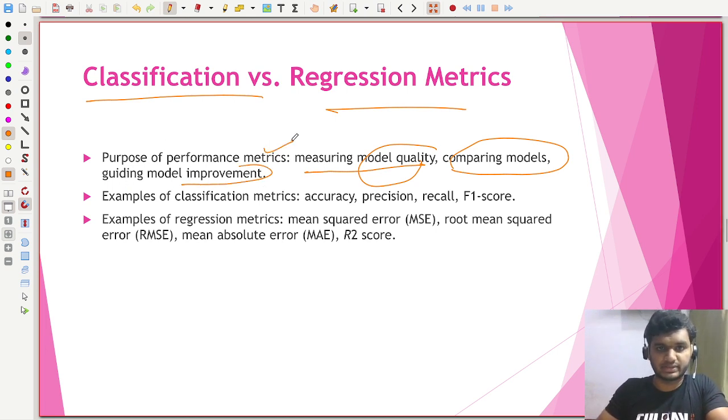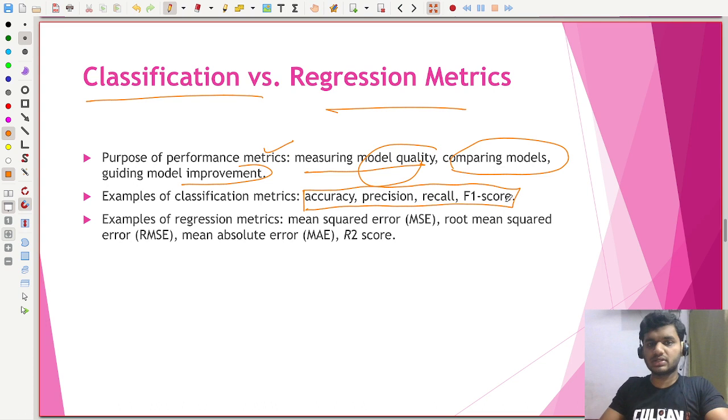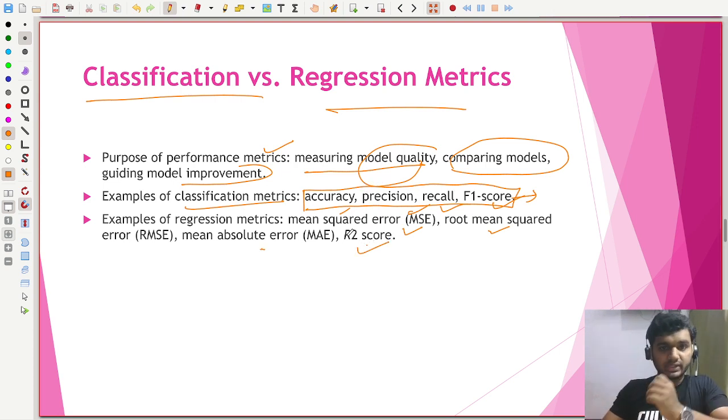Examples of classification metrics are accuracy, precision, recall and F1 score, which we'll discuss in today's class. Examples of regression metrics, which we discussed in the last class, are mean square error, root mean square error, mean absolute error, and R square.